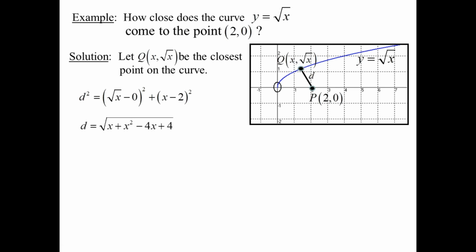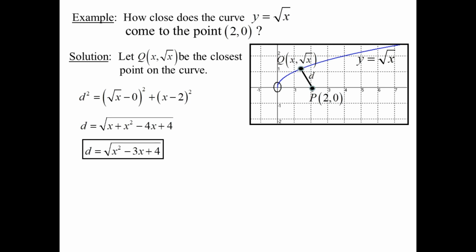Doing the math, taking the square root of both sides and squaring out those brackets, we get root x squared is x, plus the square of a binomial, x squared minus 4x plus 4, all underneath that root sign. And simplifying, we have an expression for d.